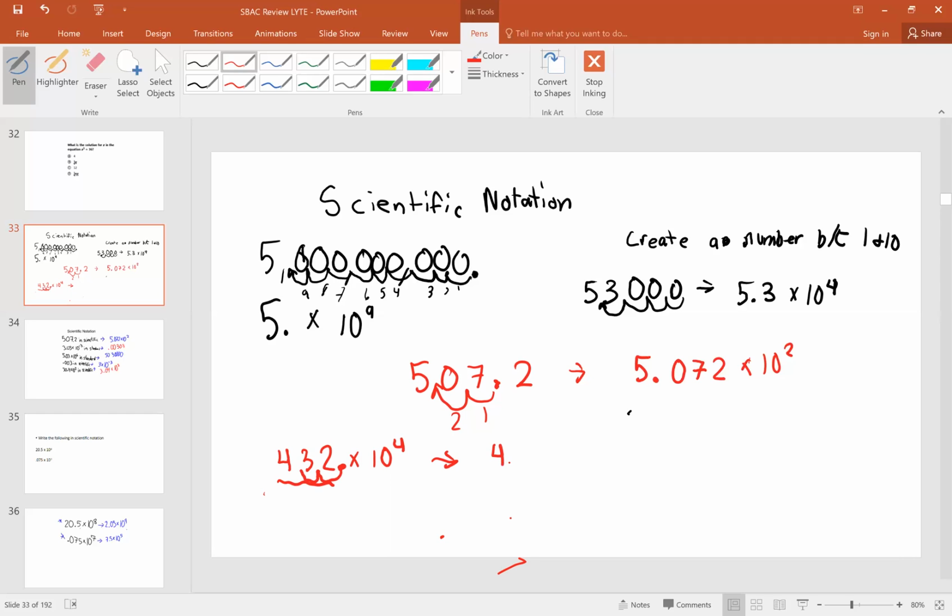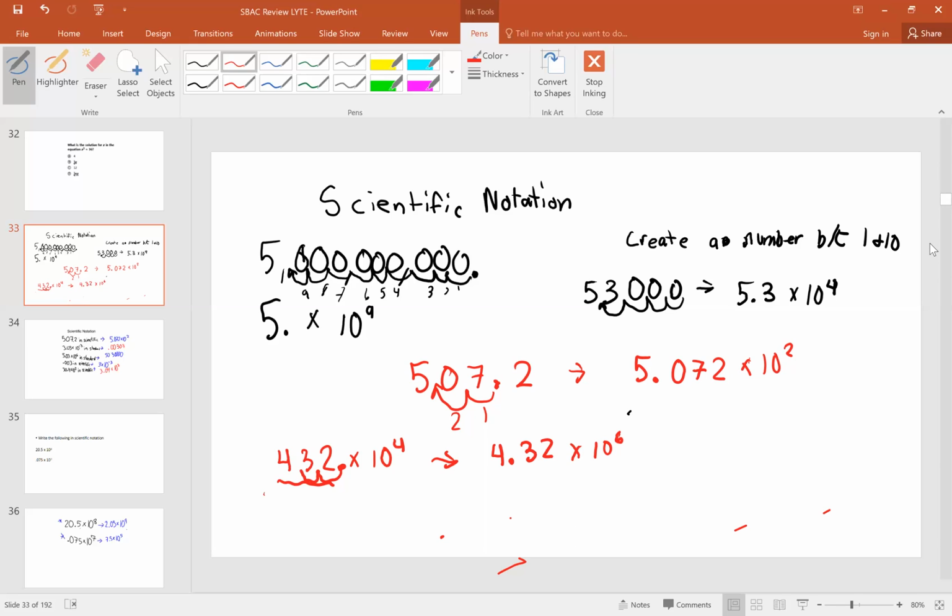And that would be 4.32. Now, anytime I move the decimal to the left, the exponent it's going to get raised to is going to increase. So it was at 4. I move it to the left once, so that means it's going to be at 5. Move it to the left twice, that's going to be 6. 4.32 times 10 to the 6th power.